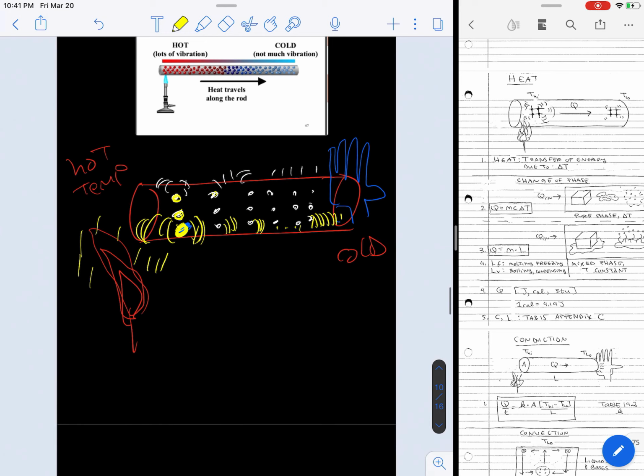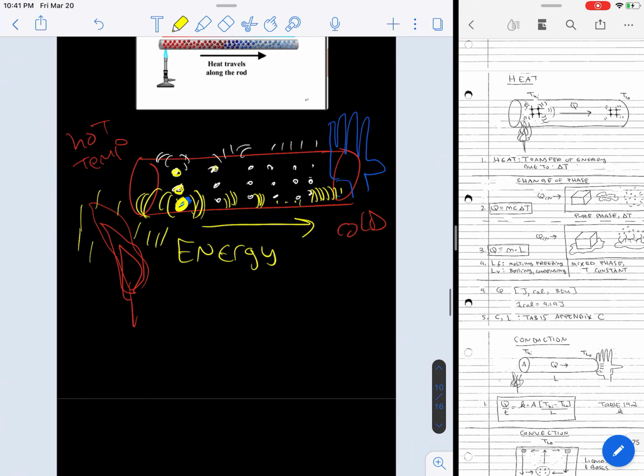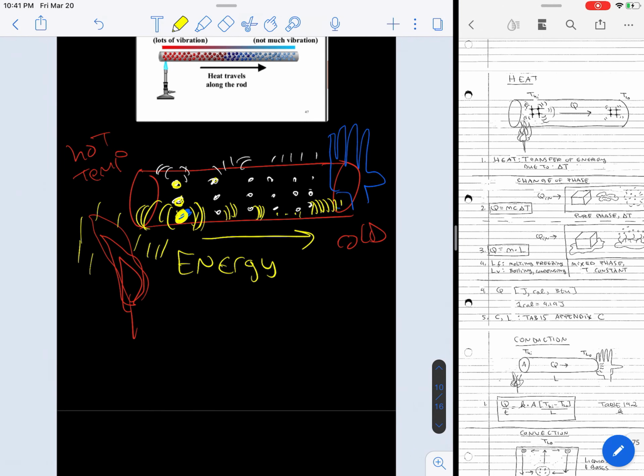So we're going to say that heat is actually a transfer of energy. It's energy that's traveling from one end of the pipe to the other, from the hot end to the cold end. So let's be specific. Heat, or the letter capital Q, is a transfer of energy.